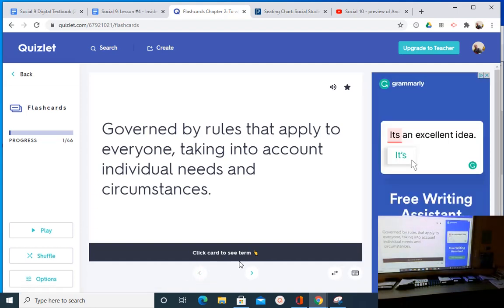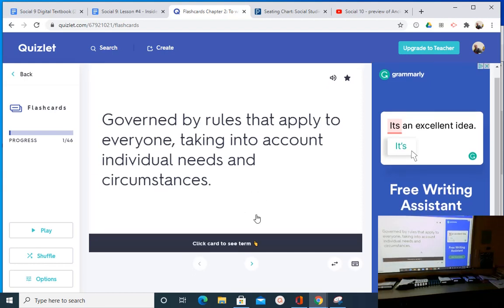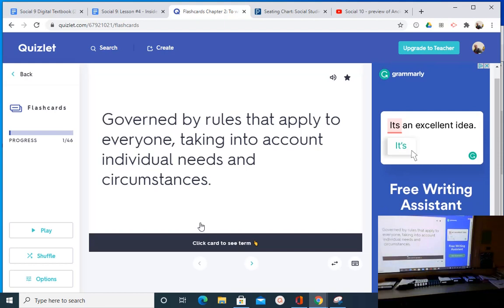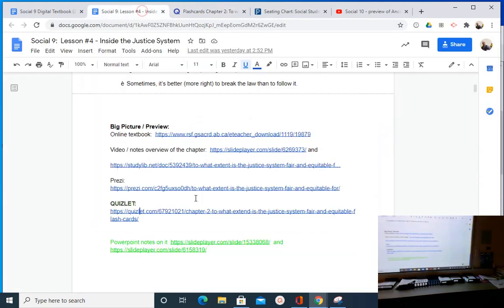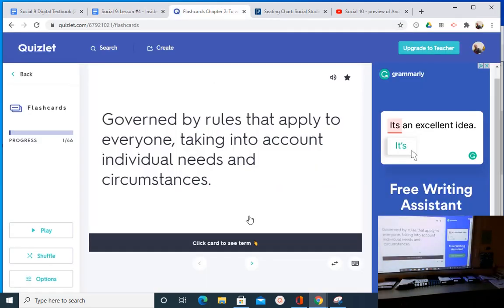So we are going to look at some definitions, and then we'll see the terms. So again, this is a link that you can do on your own from home. So the link's right there in our online lesson. And we're just going to go through these together before the break and see how well we can do.